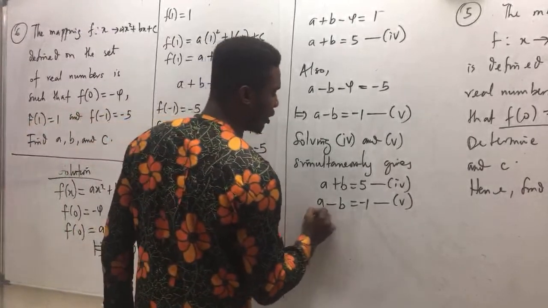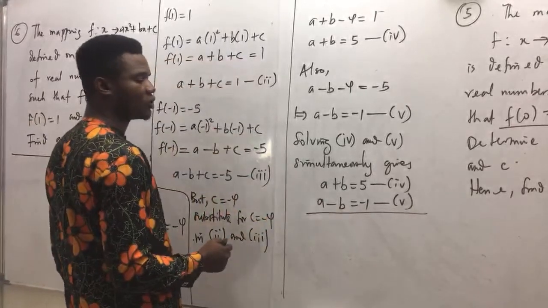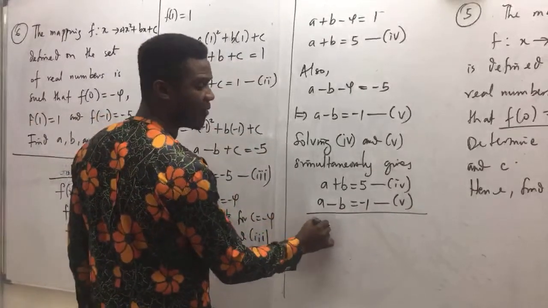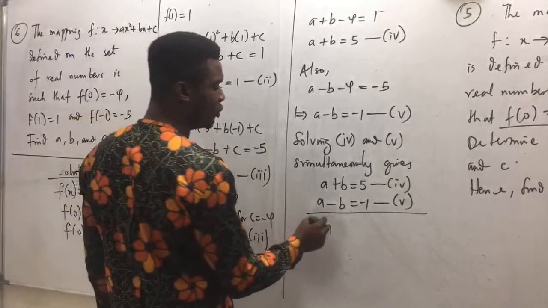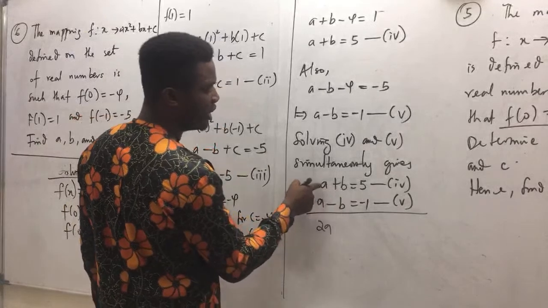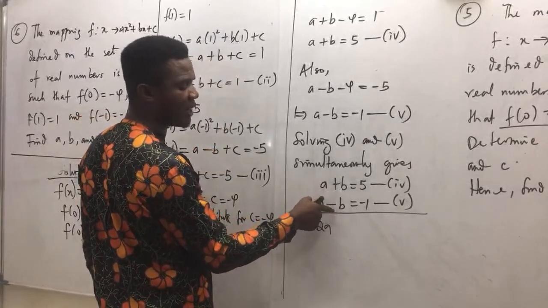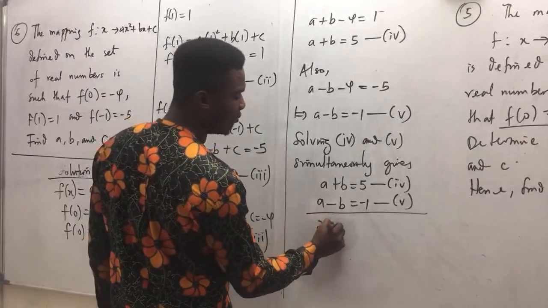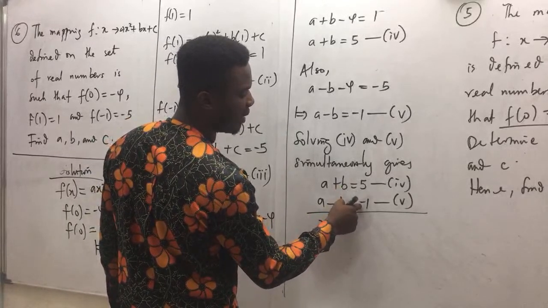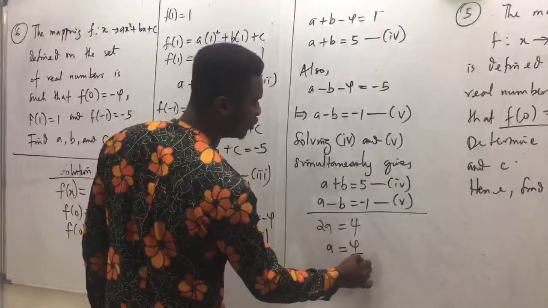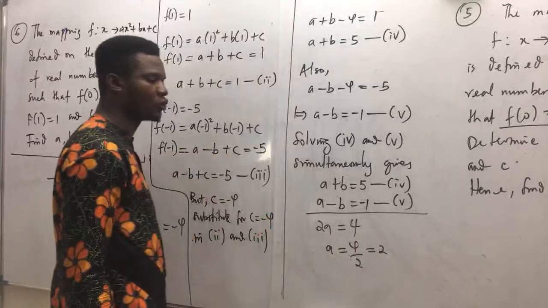Adding equation 4 to equation 5 means that I'll end up having 2a, because a plus a is 2a, b plus minus b will give us 0, and that will be 2a equals 5 plus minus 1, and 5 plus minus 1 is 4, meaning that a will be equal to 4 over 2, which is 2. So a is equal to 2.